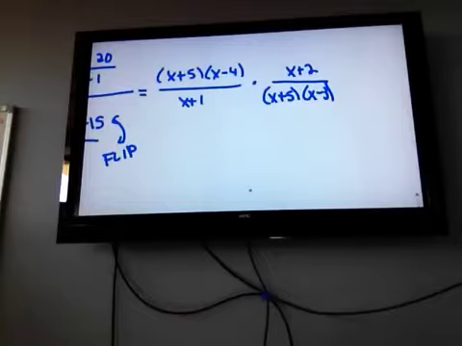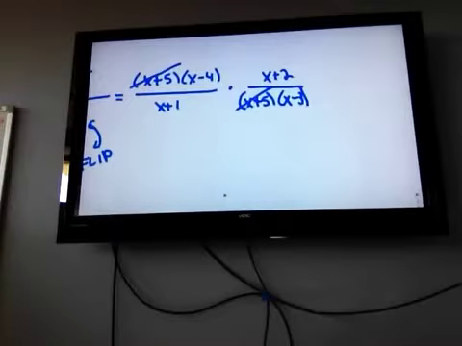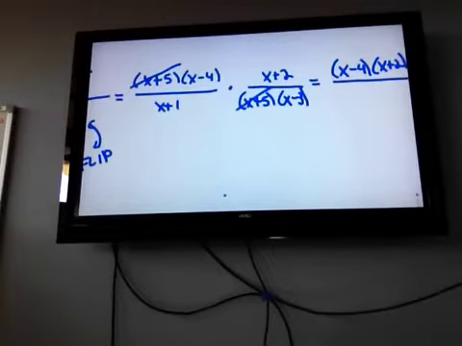And then I cancel whole groups. X plus 5 with whole group, x plus 5. Not much canceling there, that's it. Don't literally multiply these out just like before, leave them in parentheses. So everything that's left is my answer.